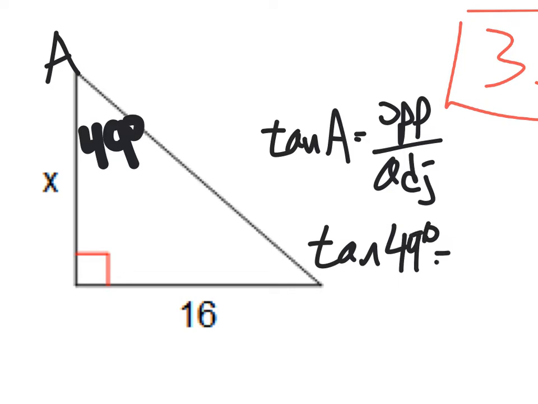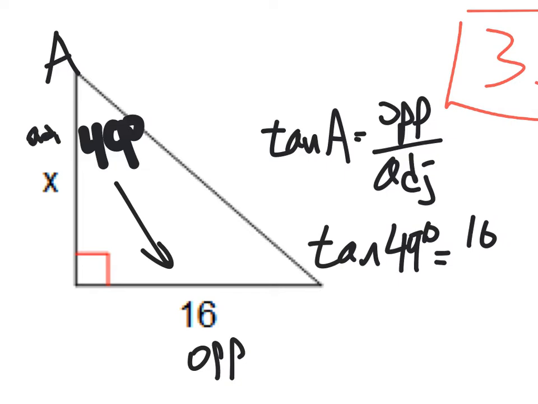And then we got the opposite. Well, that's this guy over here. This guy is opposite because it's on the other side. And we've got the adjacent here. And the adjacent we don't know. And going to our calculator here, we have tangent of 49.